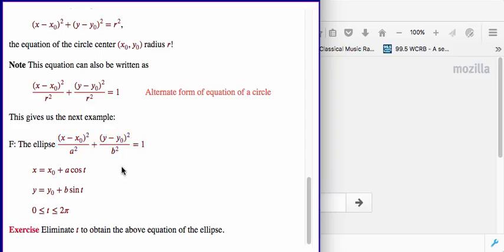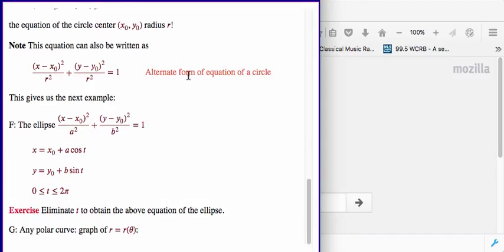Reobtain this equation, starting from here, doing the same procedure we did to eliminate t, squaring and adding, but this time you have to first subtract x naught, divide by a, subtract y naught, divide by b, then square and add, and you'll see it'll work. Something for you to do, pause the video and do it. And once you unpause the video, we can get back to doing example G.